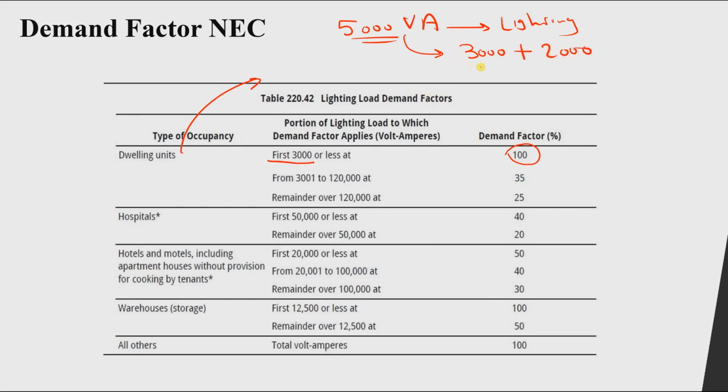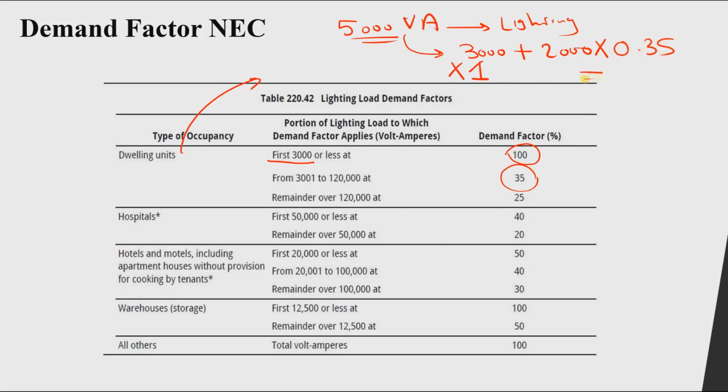So the first 3000 is multiplied by the demand factor 100%, multiplied by 1. Then it says from 3001 to 120,000 use demand factor 35%. So that is the rest higher than 3000. So it will be plus 2000 multiplied by its demand factor 35%, so 0.35.